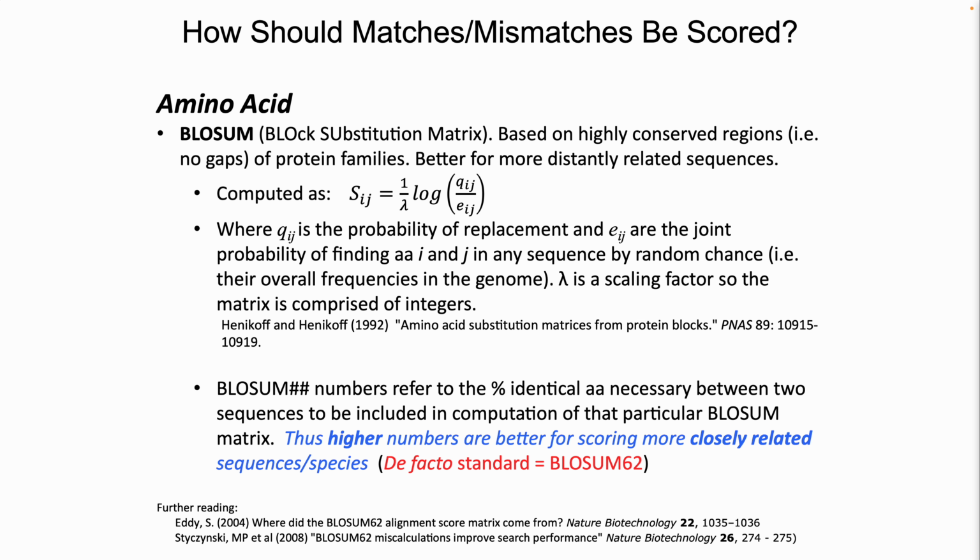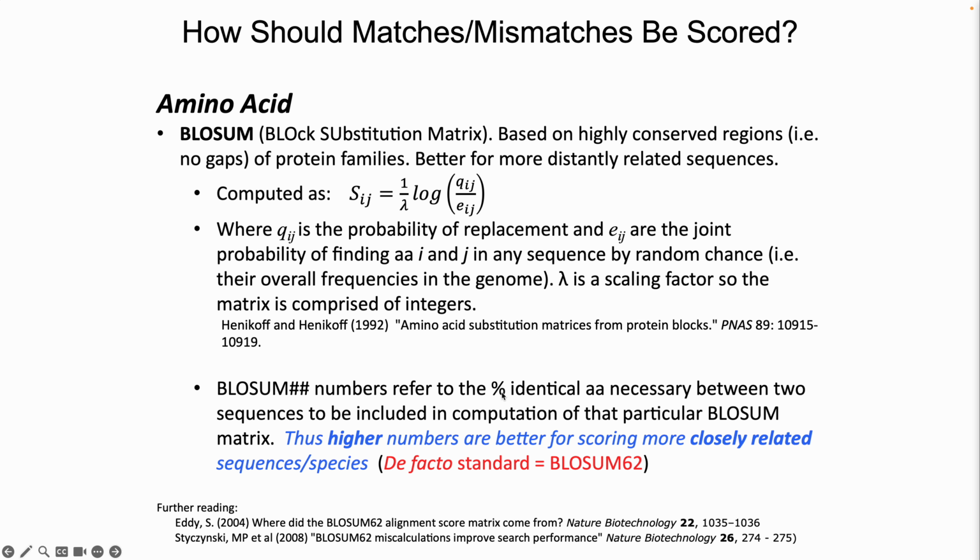Conceptually, they were doing basically the same thing in that there were more sequences by the time this was derived, and rather than extrapolating by raising the matrix to a power, they looked at how evolutionarily similar the two sequences are and recalculated the matrix based on those sequences.